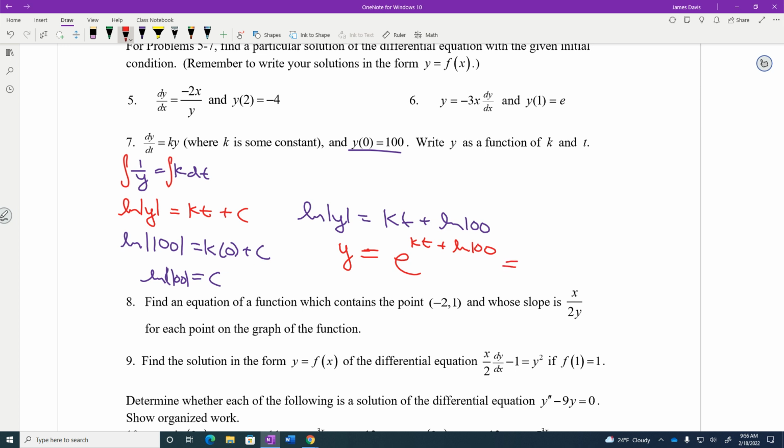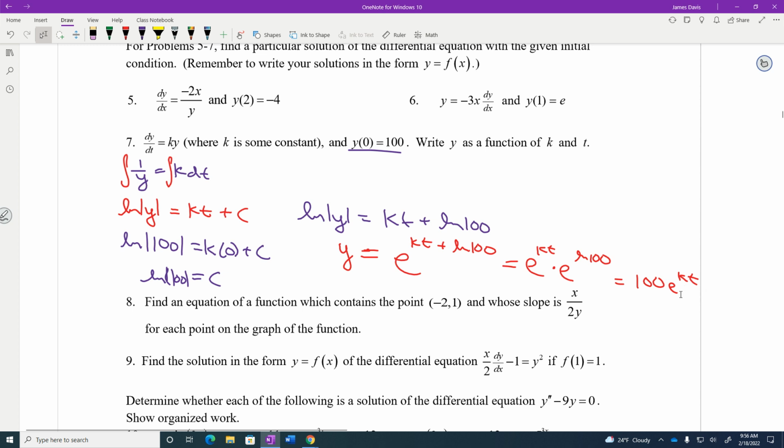So this is a plus, so we can write this as e to the kt times e to the natural log of 100. And then e and the natural log cancel, so we get 100 e to the kt. And this is actually kind of setting up what we're going to do in the next section, which is exponential.